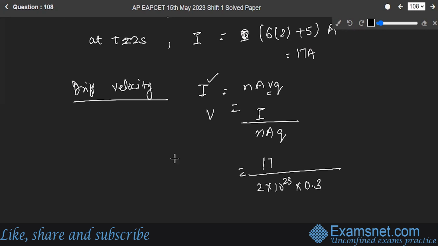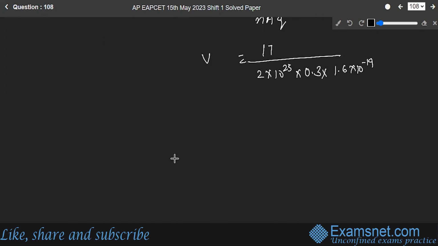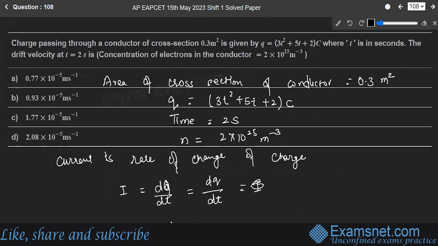A is 0.3 area, and q is the charge on an electron, 1.6 into 10 raised to power minus 19. On solving this, you will have the value of v as 1.77 into 10 raised to power minus 5 meters per second. So that is it. Option C is the right answer.